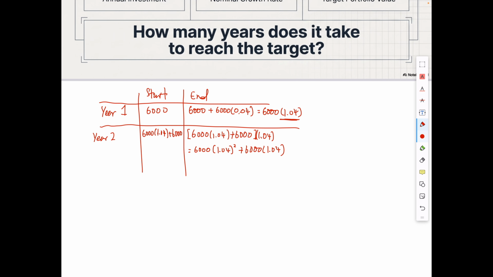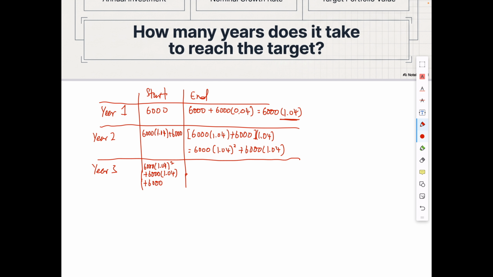I'm just going to put it in mathematical notation. So in year 3, I would start with what I already have, which is 6,000 × 1.04² plus 6,000 × 1.04. This is the amount I'm going to start with.